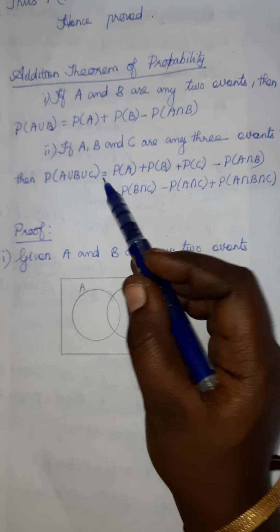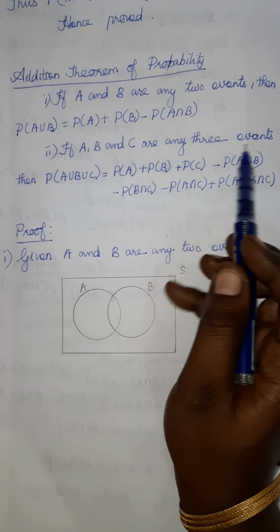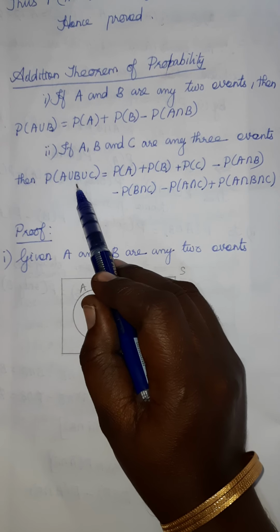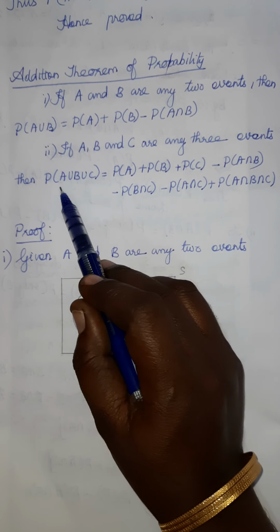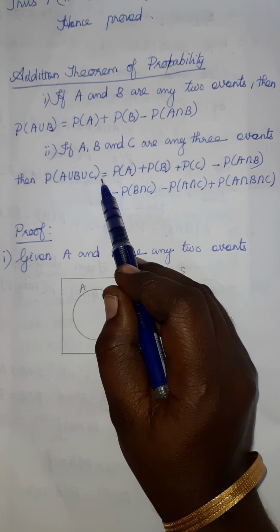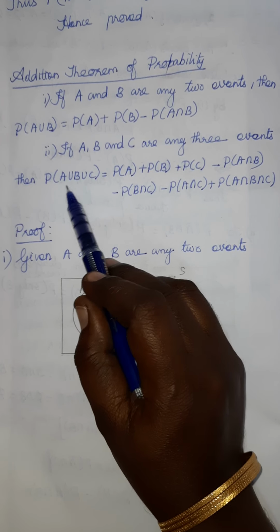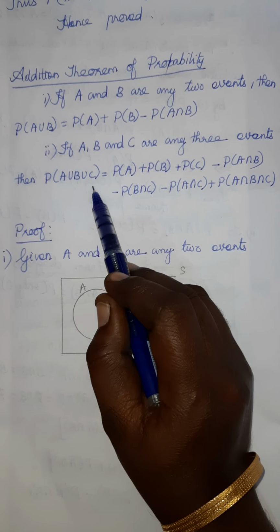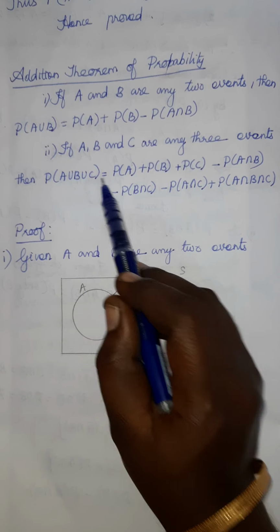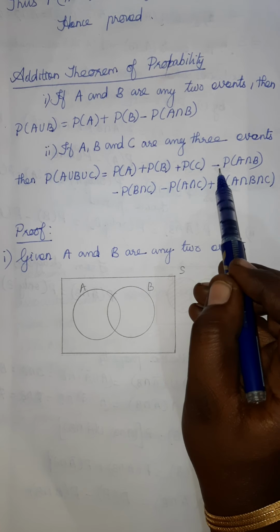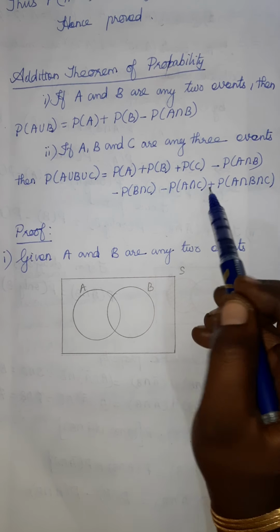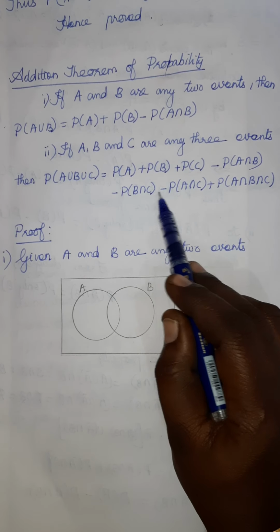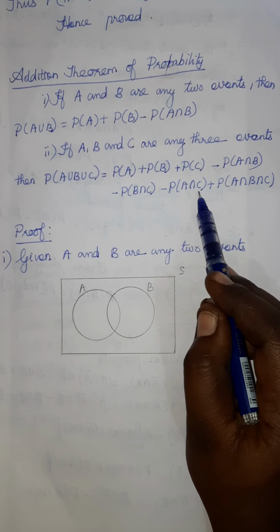Like that, if you have more than two events, see these three sets A, B and C are any three events. Probability of A union B union C is equal to, first you have to add separately, then subtract the intersection of two events: P of A intersection B, minus P of B intersection C, minus P of A intersection C. Understood?